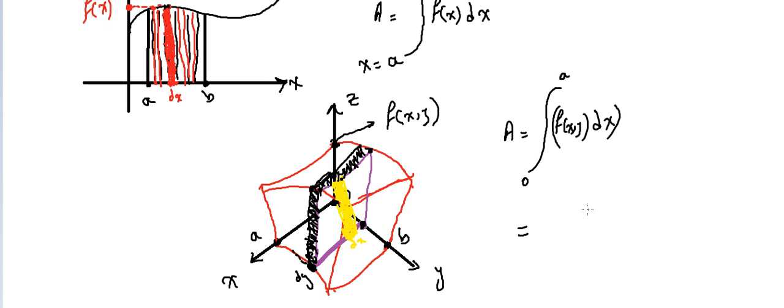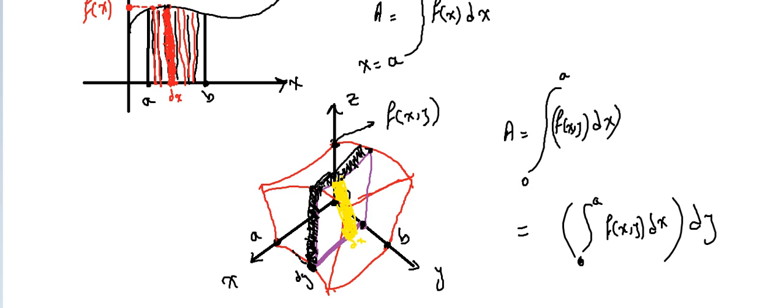So it will be the integral from 0 to a of f of xy dx, all of those multiplied by dy, which is the third dimension. It gives me this 3-dimensional rectangular shape, with a small dimension of x and a small dimension of y.